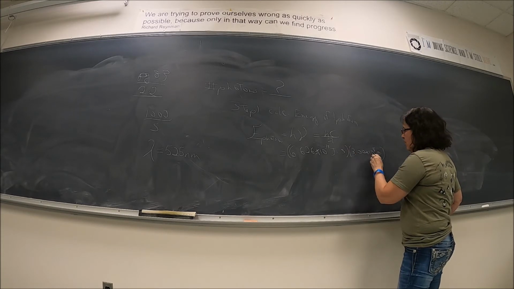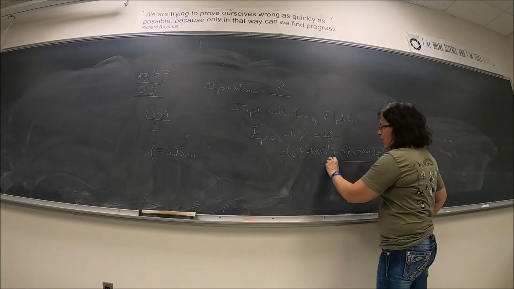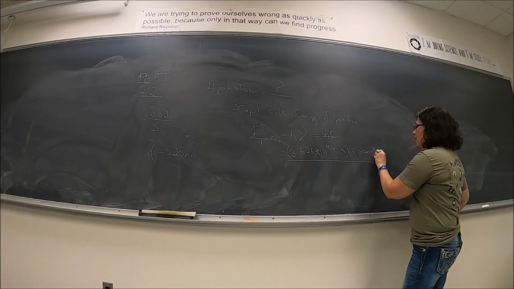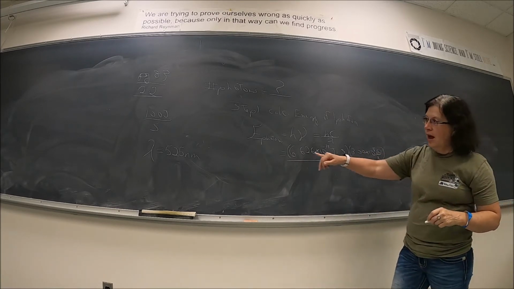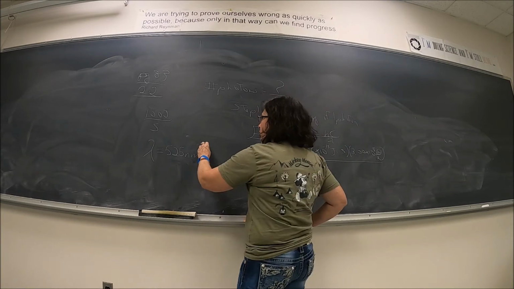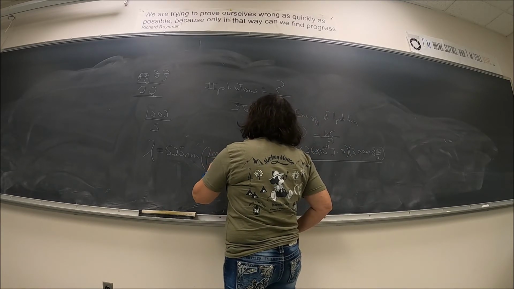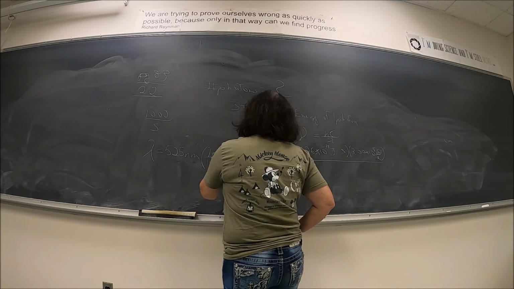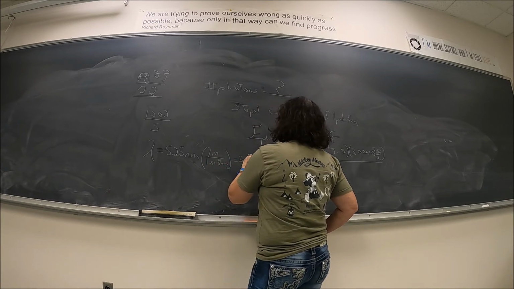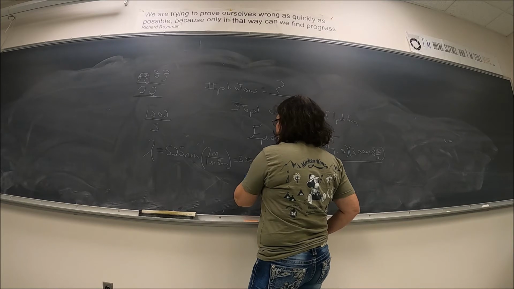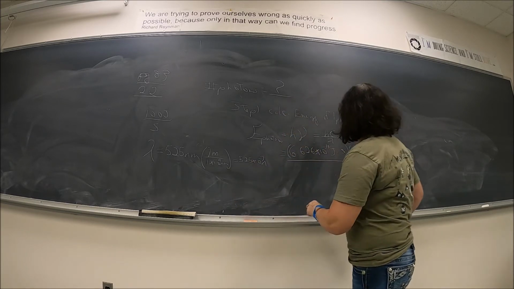Notice that the seconds are going to divide out. And notice that speed of light is in meters. I'm given my wavelength in nanometers. So I'm going to have to go 1 meter for every 1 times 10 to the 9 nanometers. And so it gives me 5.25 times 10 to the minus 7 meters.